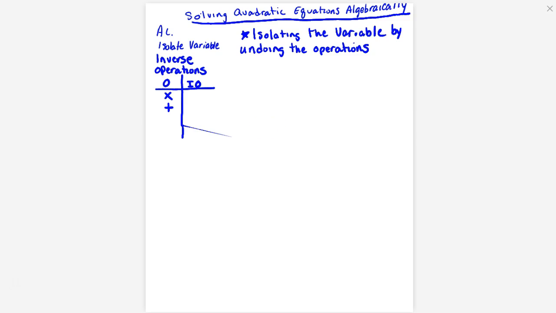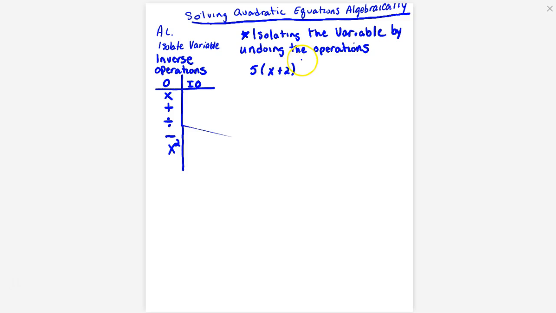If the operation is division, and if the operation is subtraction. Okay, and then we're going to add one more on there, but I'll get to it in just a minute, and that is because it's quadratic: if we have something that's being squared, what is the inverse operation? So you might want to pause that while you fill those in, and then go back when we get to the squared inverse operation.